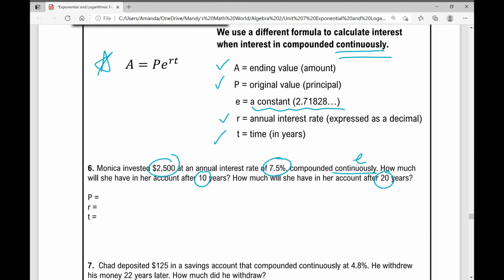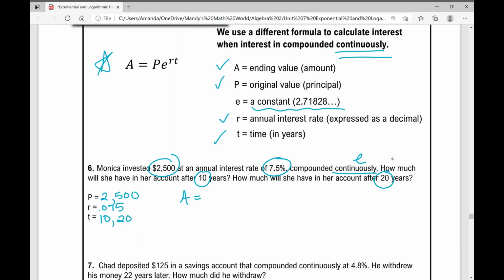So what's the principal? She invested $2,500. The rate is 7.5%. That is 0.075. We're asked to find how much she'll have in her account after 10 years and after 20 years. So using this formula, I'm going to set up two equations.